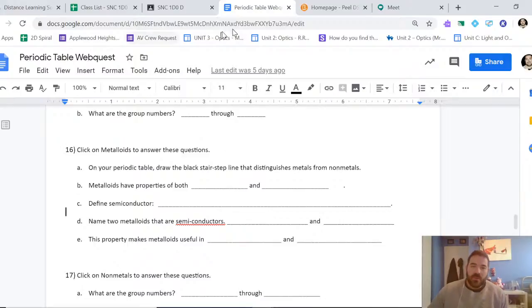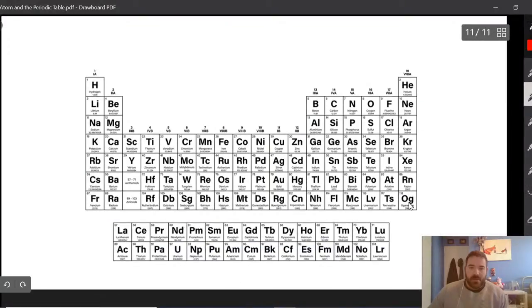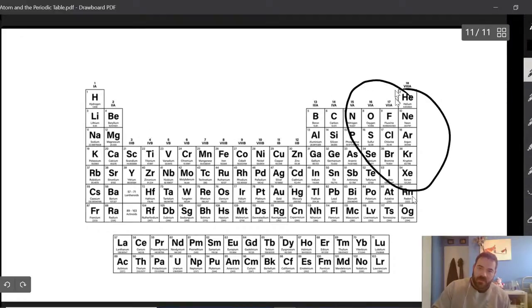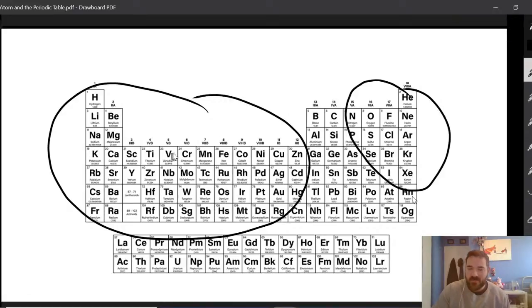So if we look at the periodic table, let's go down here. These are pretty much our nonmetals, and they don't conduct electricity very well. In fact, they conduct electricity so poorly that they basically don't conduct electricity at all. And all these metals conduct electricity very, very well. So these are great conductors of electricity.